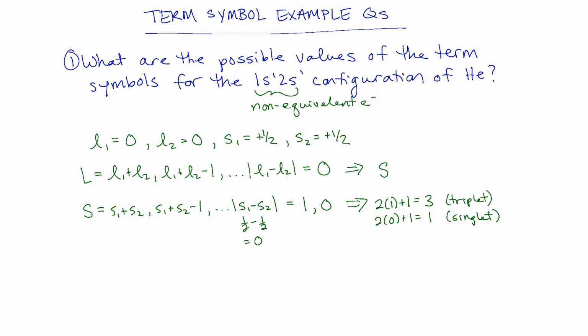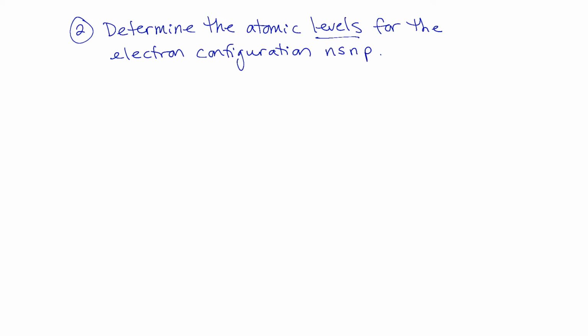So when we put everything together, we should end up with two possible term symbols for this configuration of helium. So we should end up with a singlet S and a triplet S for this particular example.